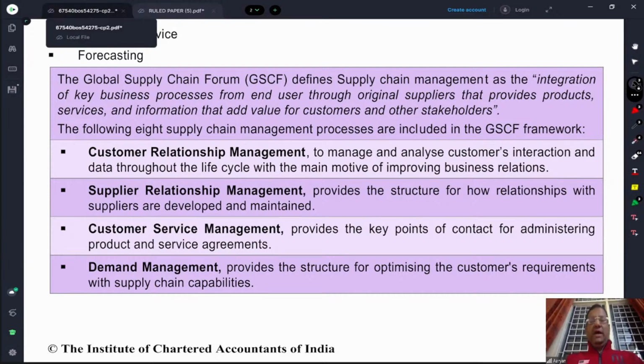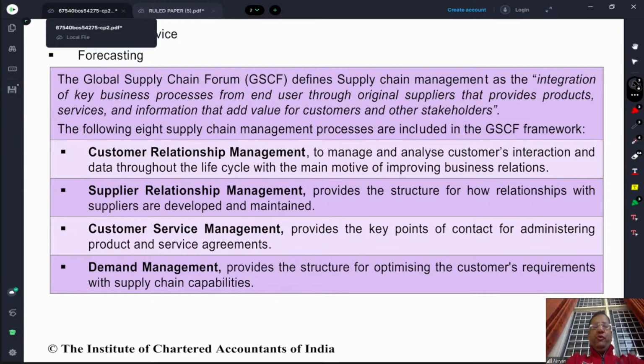Third point, definition given by Global Supply Chain Forum. Definition given by Global Supply Chain Forum. Write, beta. Integration of key business process, underline the words key business process.